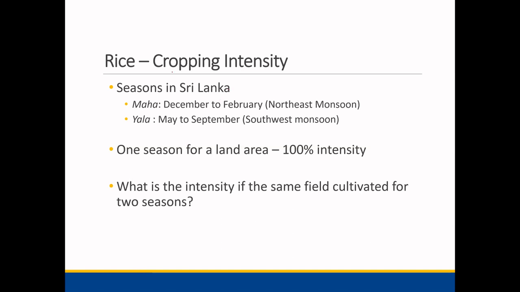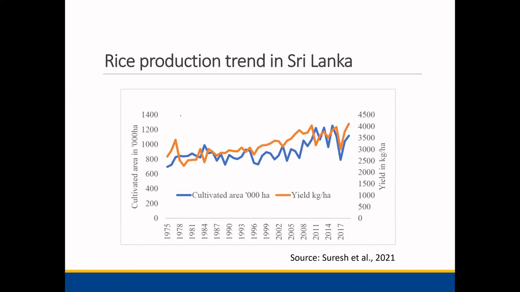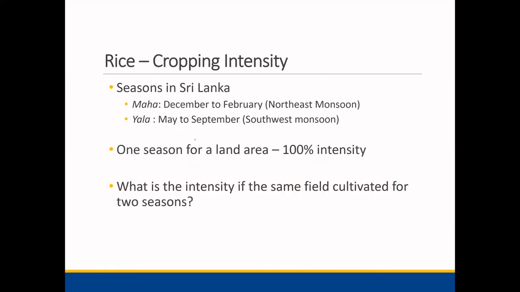So those are kind of statistics we have for rice production. That's an important crop for us. Then let us move to the cropping intensity of rice in Sri Lanka. You know from the first-year first-semester course, the principles of crop production, that there are two major rainy seasons in Sri Lanka.